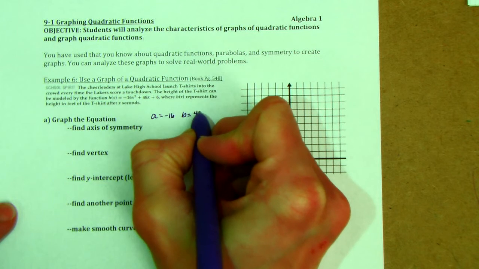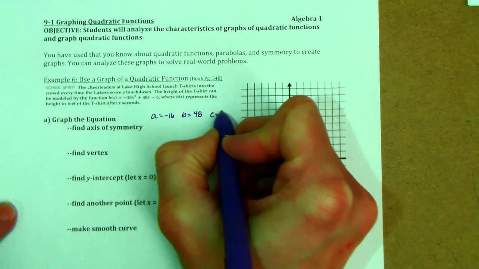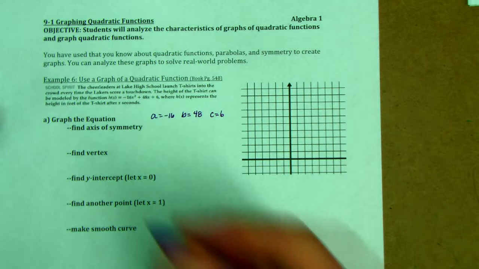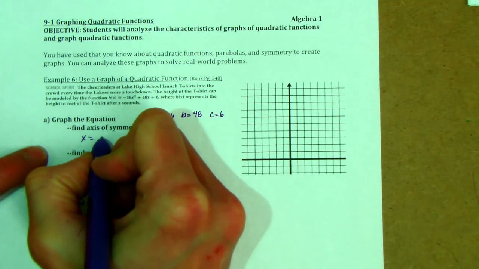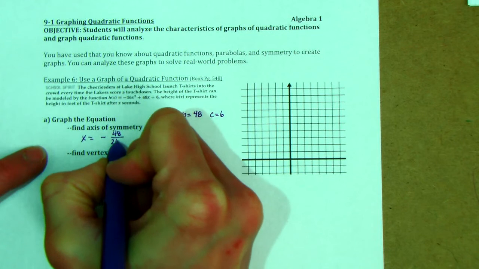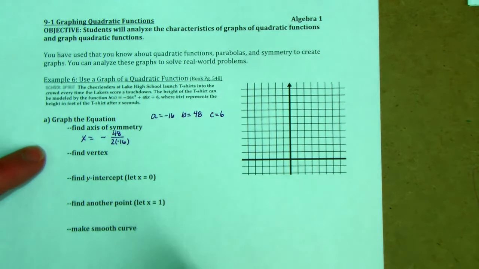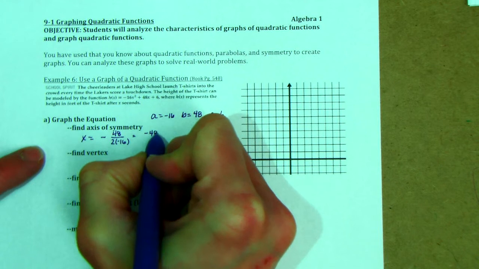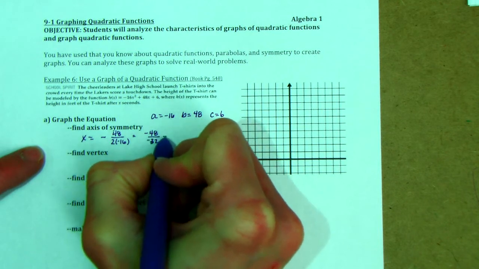So finding the axis of symmetry, x equals negative B over 2 times A. So we have a negative, so we got negative 48 over negative 32. You guys, this is going to get a little messy. We will have a fraction, but never fear, we'll be okay.